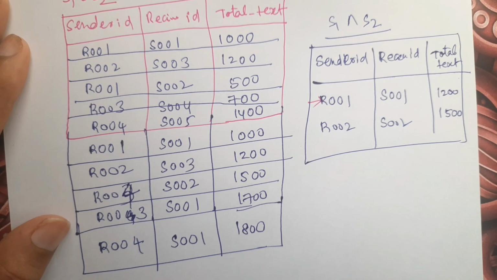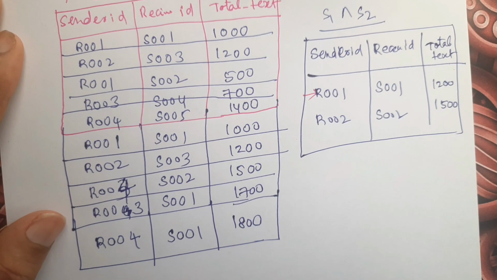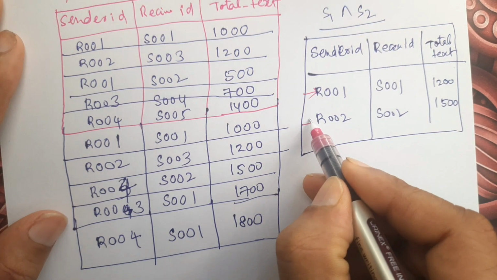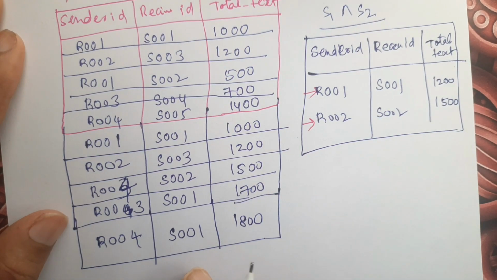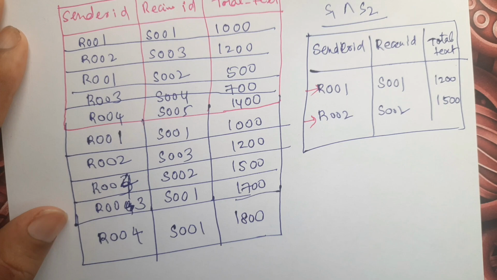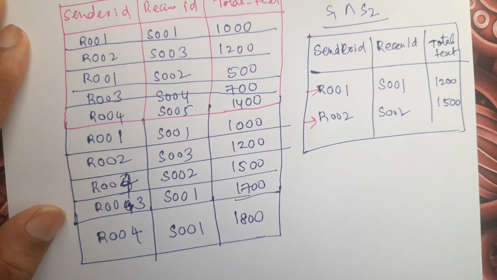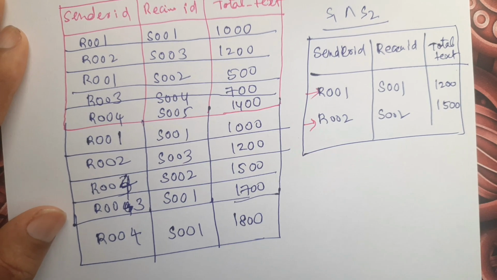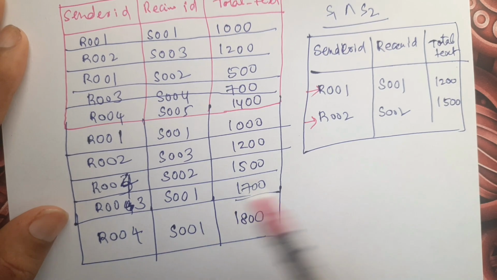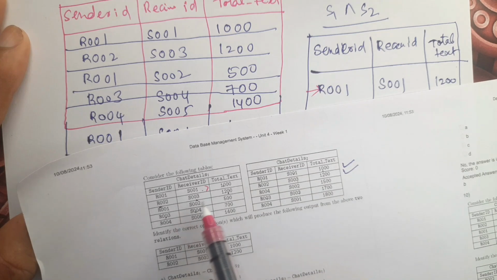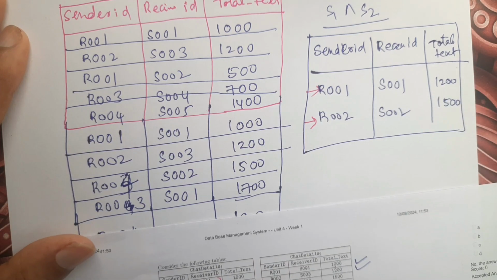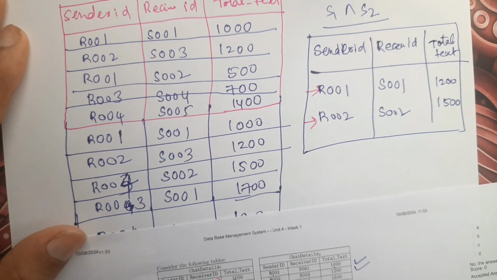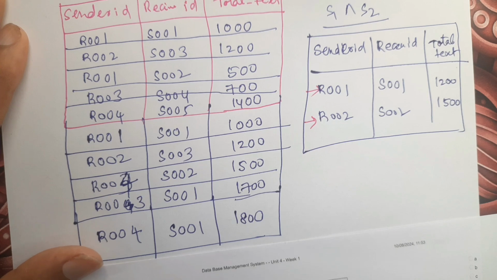So now we are going to find the value of this R002, S002, 1500, R002, S002, 1500. First we find the union of this table and this table. We are going to get R1 S1 1000.